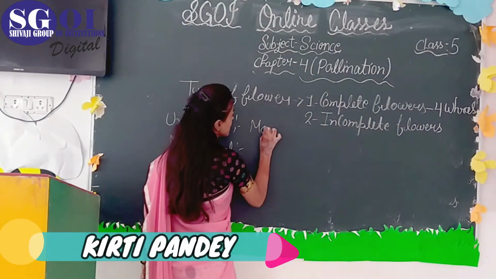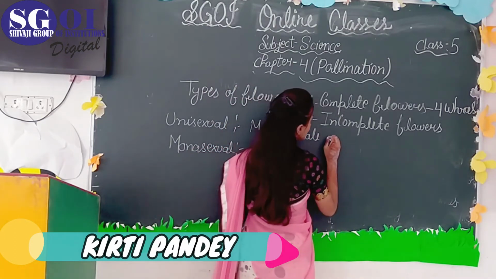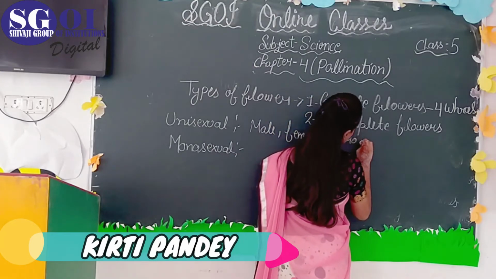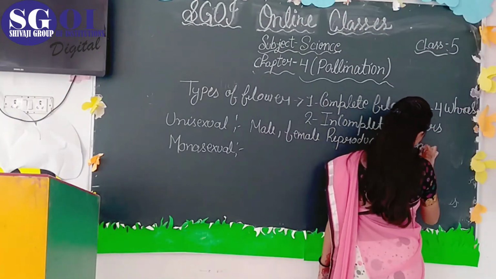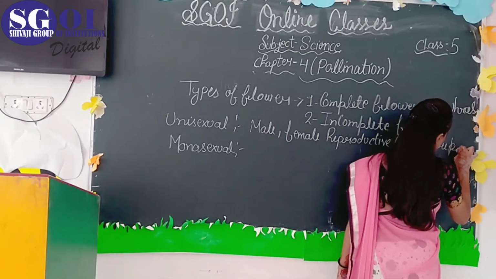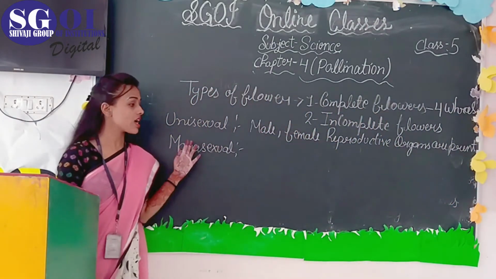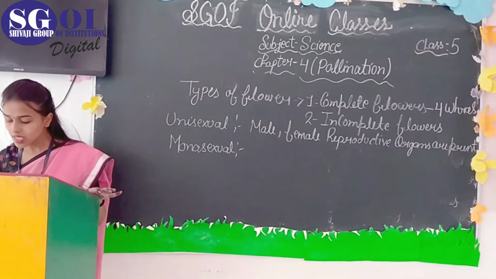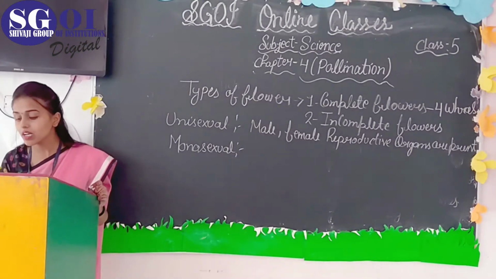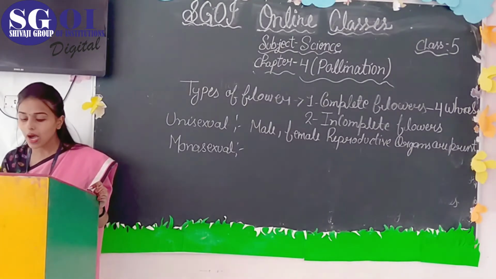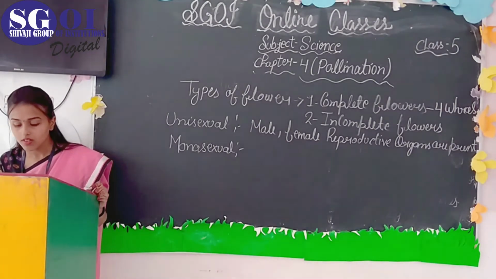And bisexual means the flowers in which both male and female reproductive organs are present are called bisexual flowers. They are also termed complete flowers.